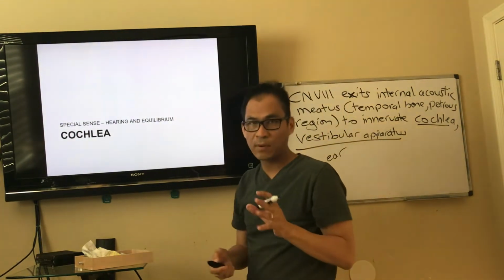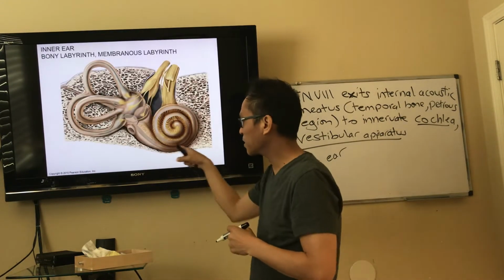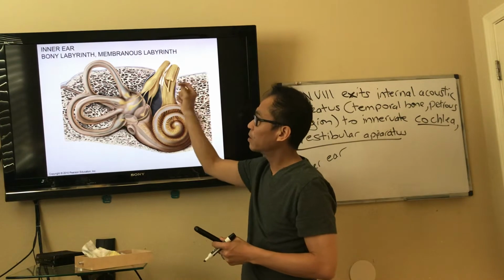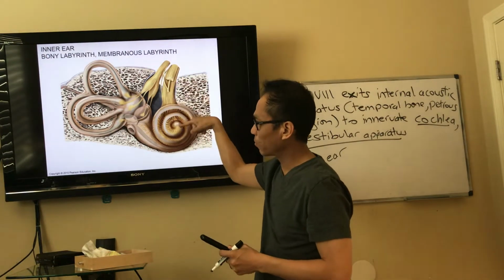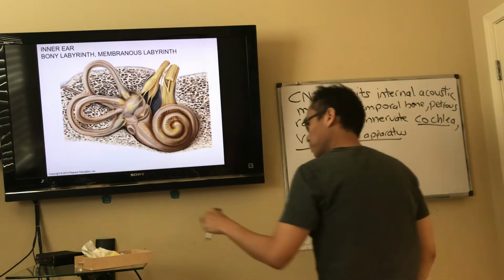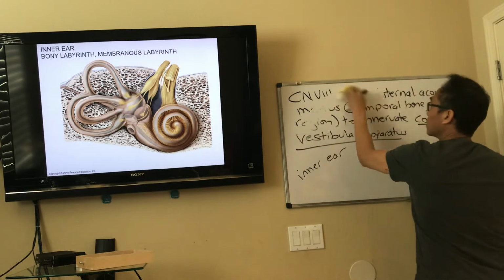Equilibrium is for the vestibular apparatus. So the cochlea is this part. I like this picture. We can see both the vestibular branch and the cochlear branch, and how the whole inner ear structure is organized. So to simplify that, let's draw it here.